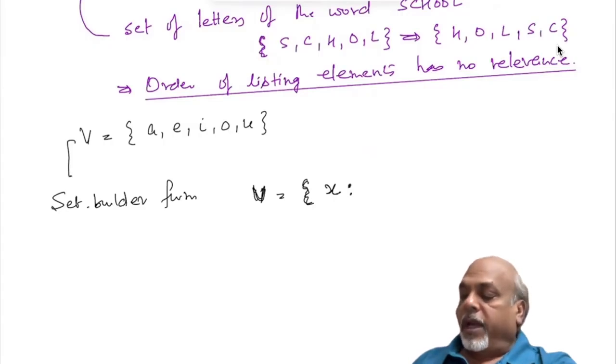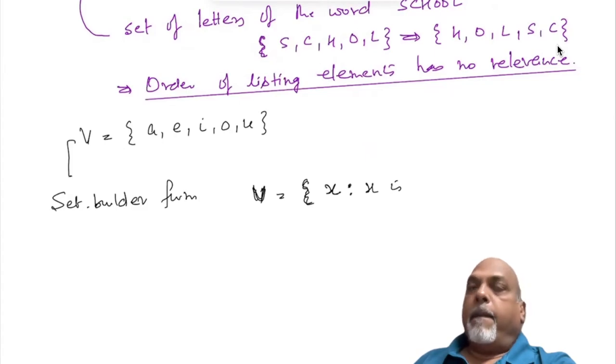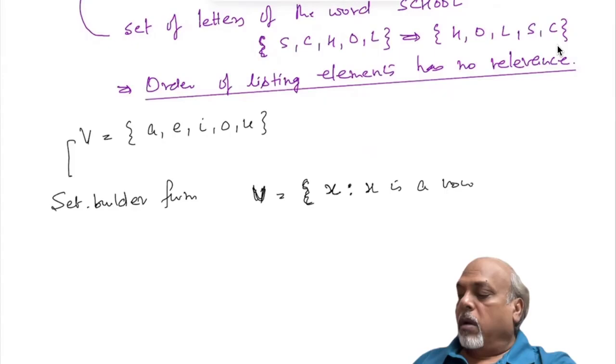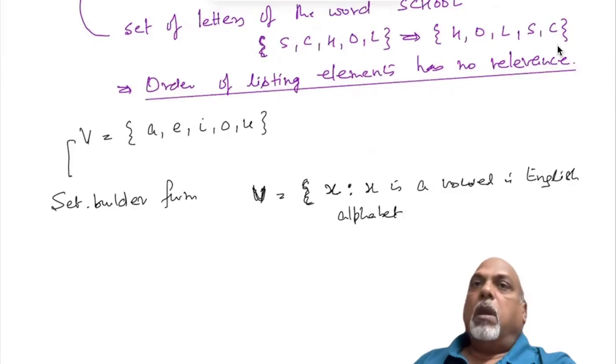Now you have to define x. What is x? x is a vowel in the English alphabet.